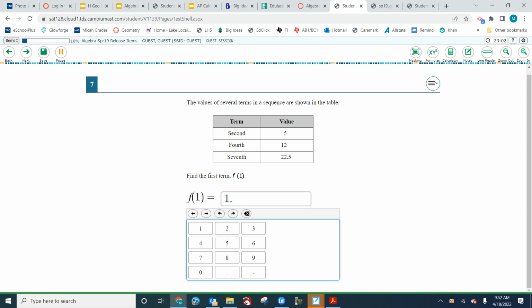Real quick, do you remember what the formula is? Is this on the formula sheet? I don't think it is. Arithmetic. The nth term of an arithmetic sequence.